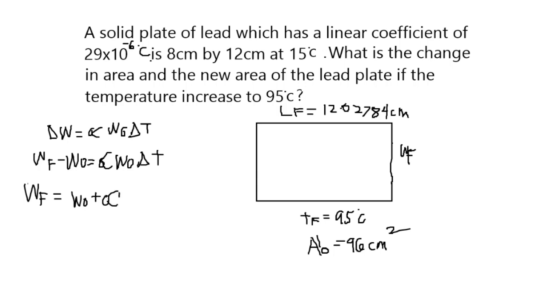And then next, let me just copy those things. And what we're going to do is just factor out the W naught. And then we got it. So this is the formula that we're going to use for the final width.